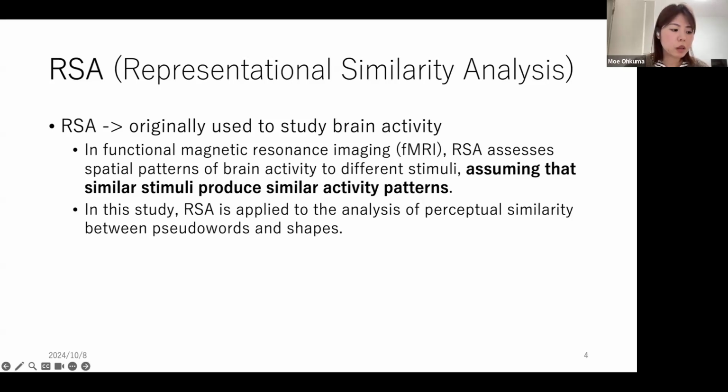RSA compares the similarity between stimuli by calculating the pairwise correlations of their features. So in this study, RSA is applied to the analysis of perceptual similarity between pseudowords and shapes.